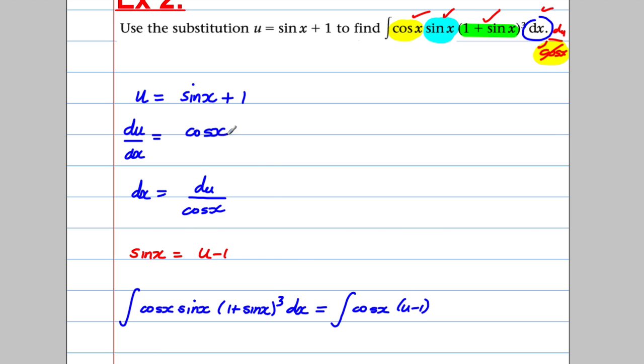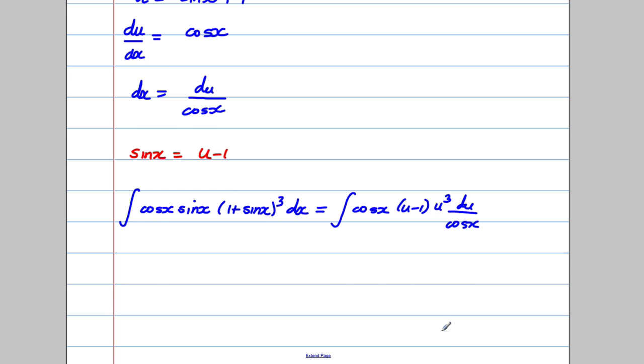The 1 plus sine x cubed would be u cubed, so that would be u cubed. And dx we said was du over cos x, so du over cos x, and we've replaced everything. So just tidying up, obviously these cosines cancel each other out, so this is equal to the integral of u subtract 1 multiplied by u cubed with respect to u.